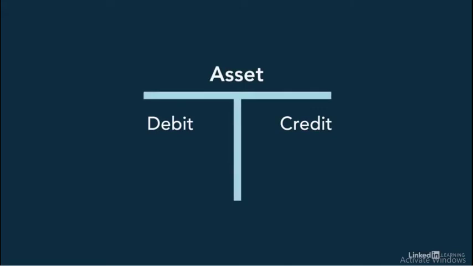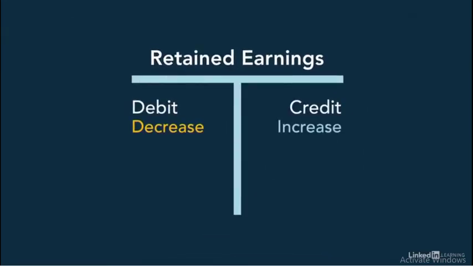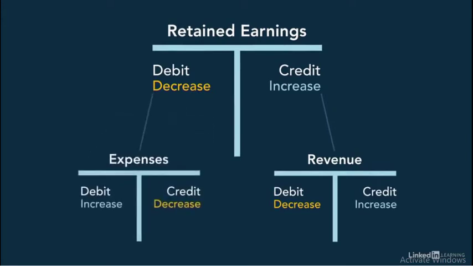Second, individuals who have trouble grasping debits and credits usually get hung up on the revenue and expense accounts. Remember that revenues and expenses are subcategories of retained earnings. When you credit a revenue account, you are essentially increasing retained earnings. When you debit an expense account, you are increasing the amount of the expense, which in turn reduces retained earnings.